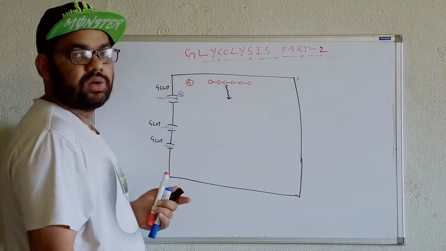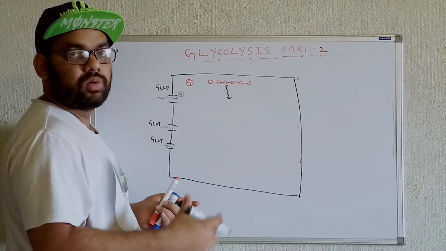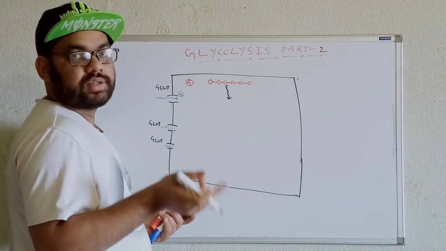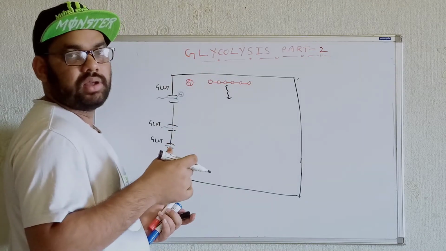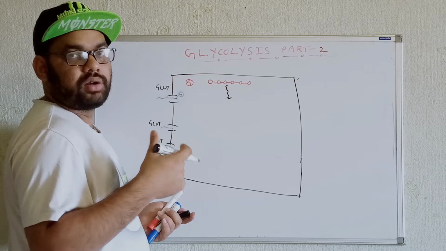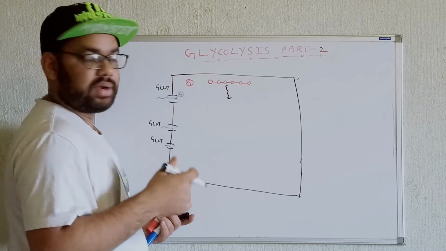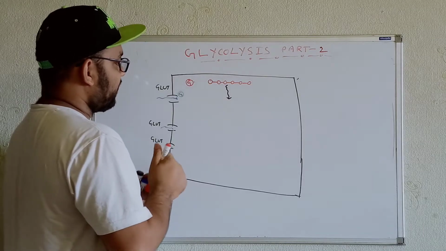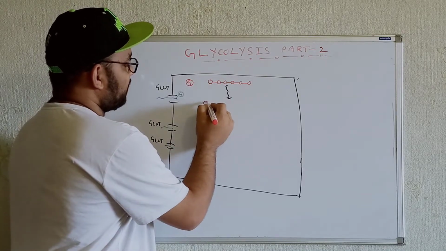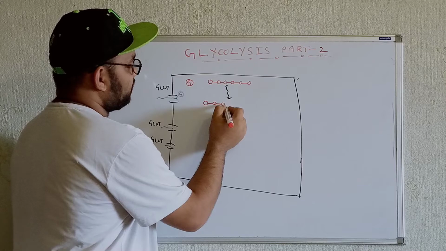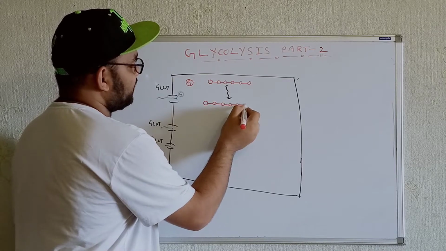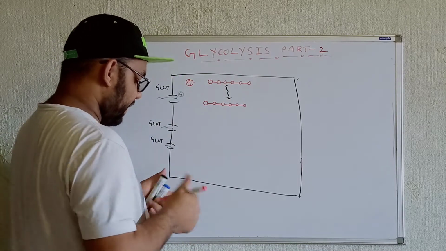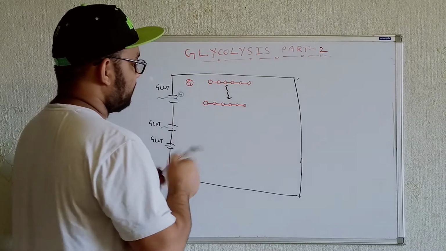Once it is charged, it is not easy for the whole compound to cross the membrane, because charged, polar compounds are not able to cross the membrane. So we get glucose 6 phosphate, with 6 carbons, where we are adding a phosphate molecule.